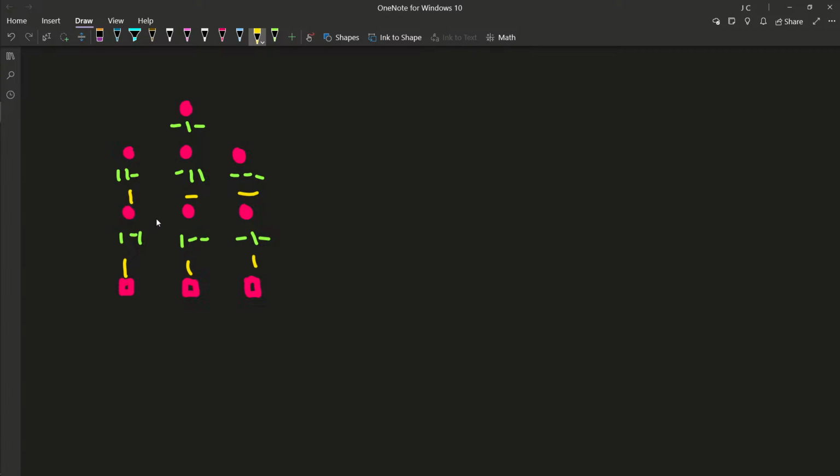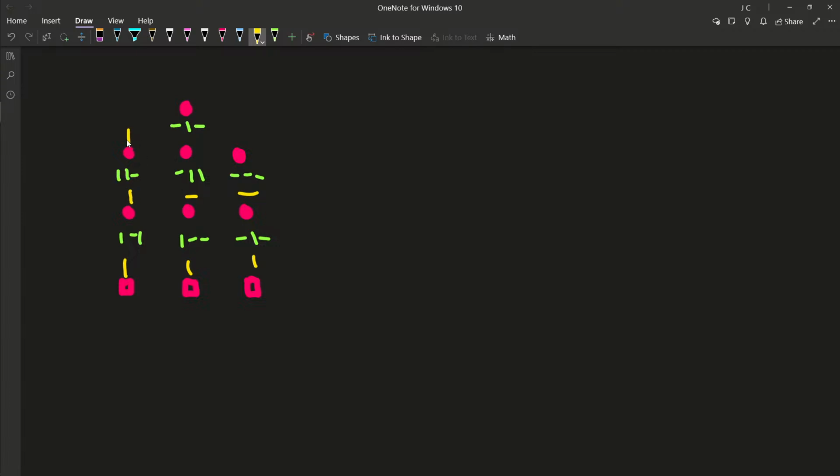So the yellows are the activations, and they go on top of the unit. I drew this too tight. That's fine. Okay, so we'll just keep going. Agree, disagree, agree.